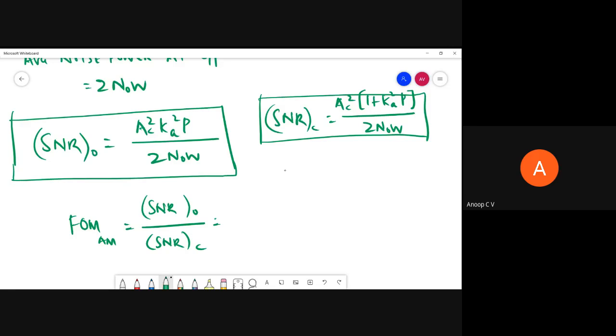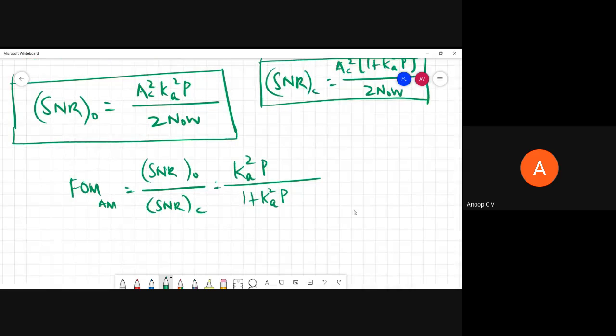So what we have is Ka square P divided by 1 plus Ka square P, right?